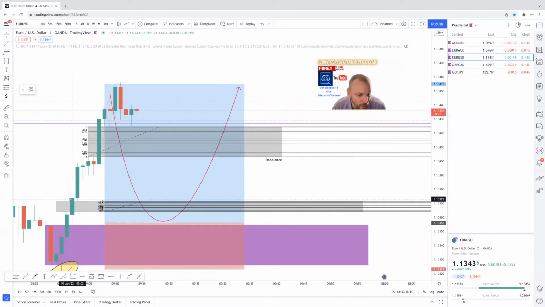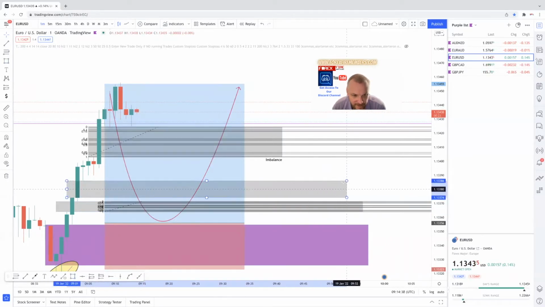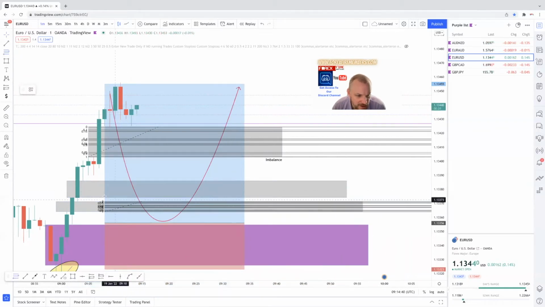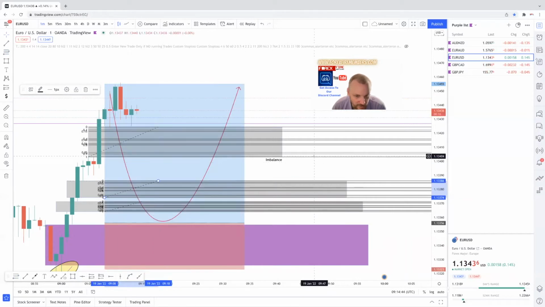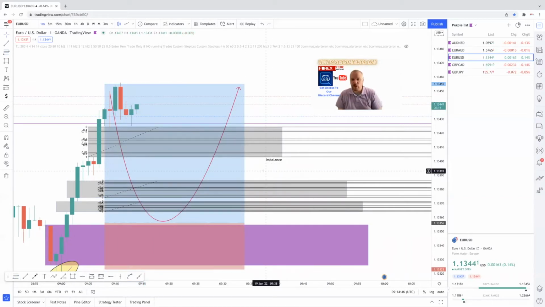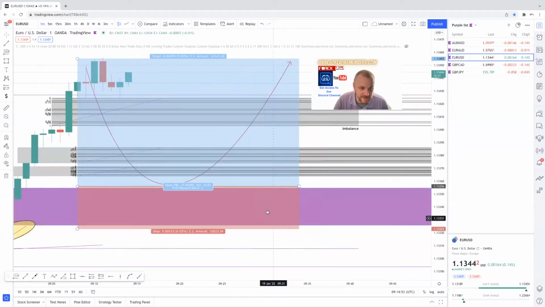And then you've got one other area of imbalance, which is there to there. And again, this is just about marking out your areas and just seeing what happens. Again, it looks a bit noisy, but this is just me showing you certain stuff in here. And I just want to sort of drill into this.